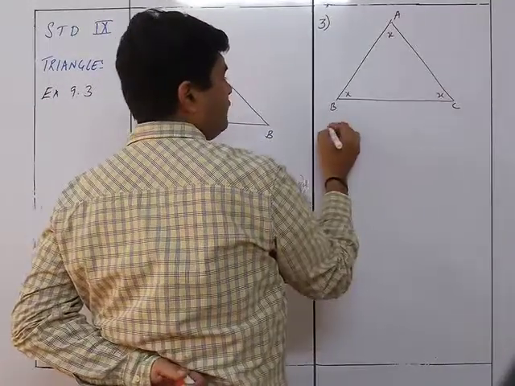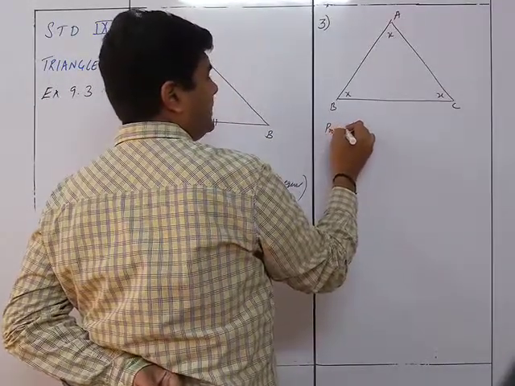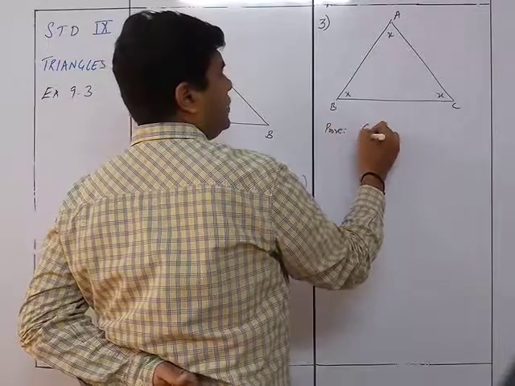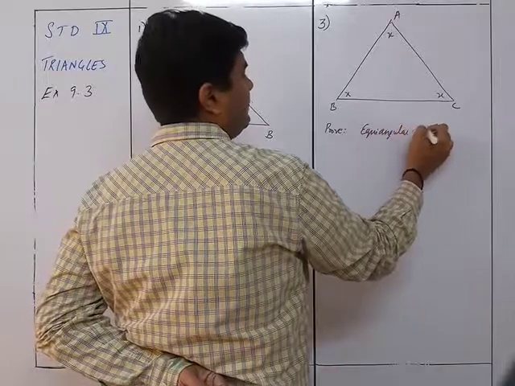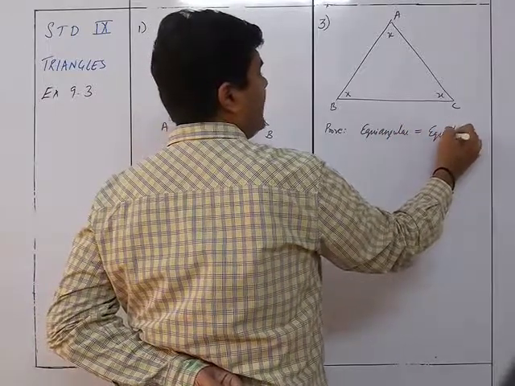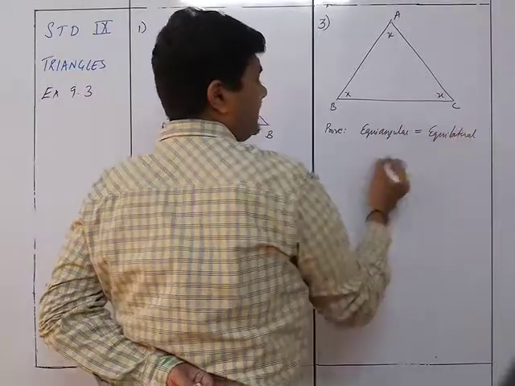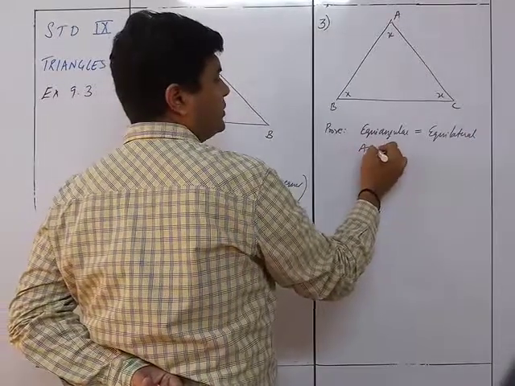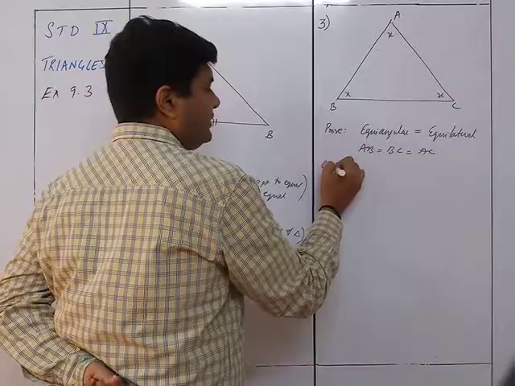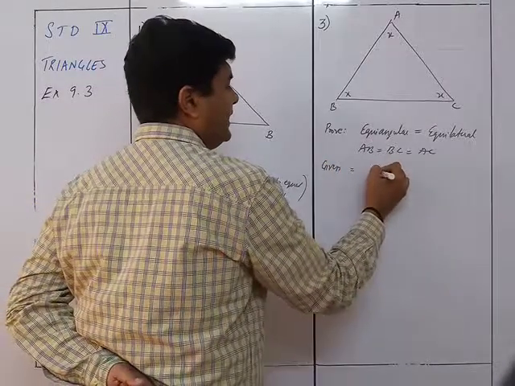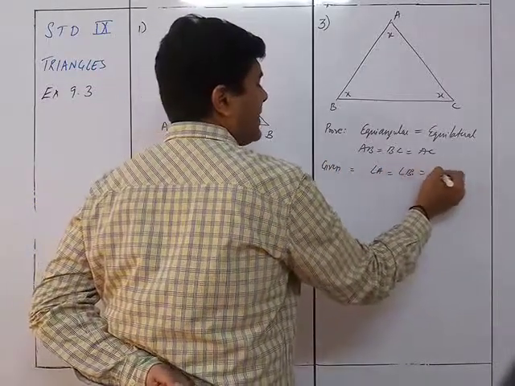We need to prove that equiangular implies equilateral. That means I need to prove that AB is equal to BC is equal to AC. What is given? Given is angle A is equal to angle B is equal to angle C.